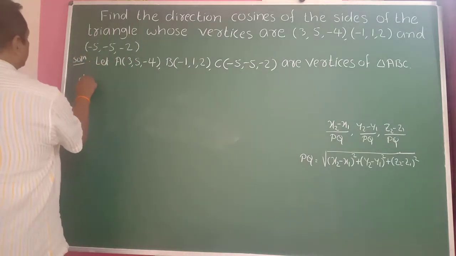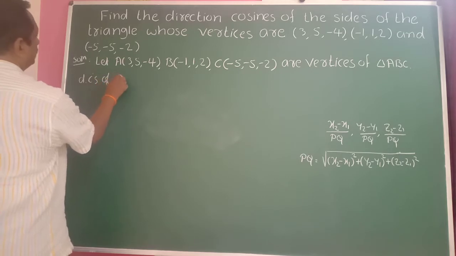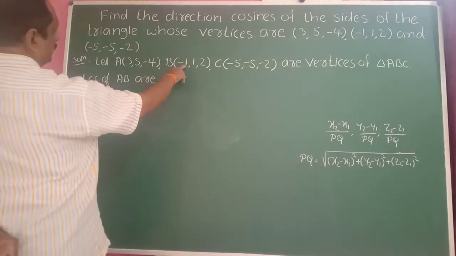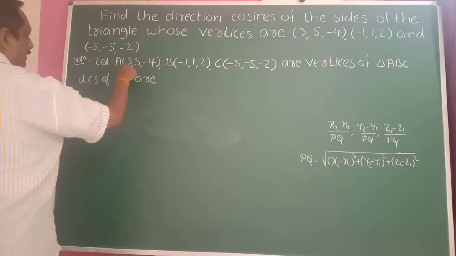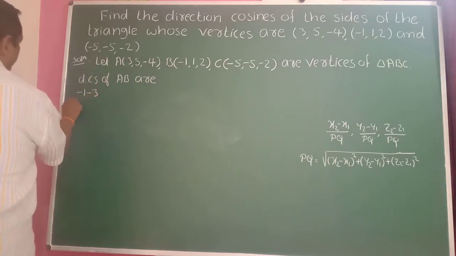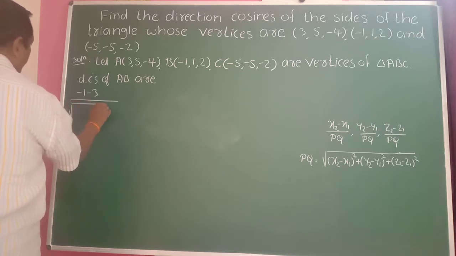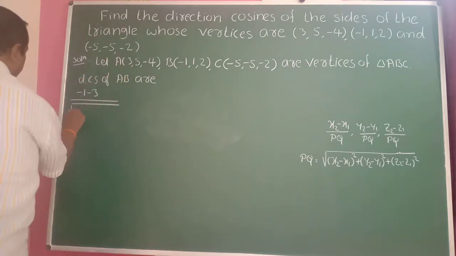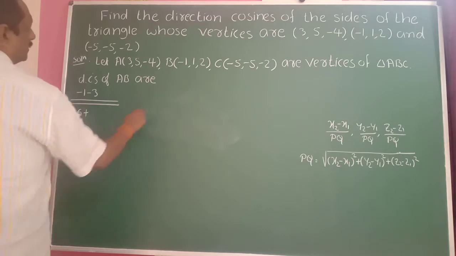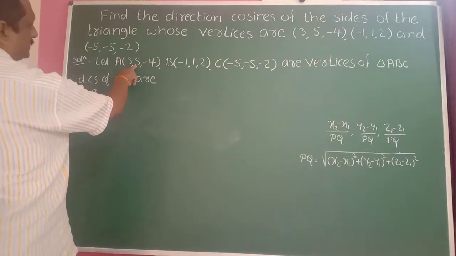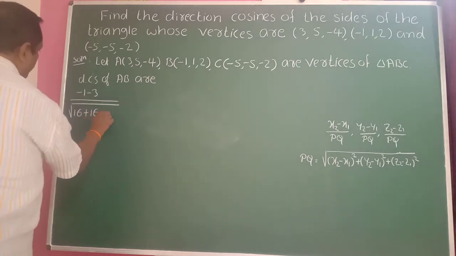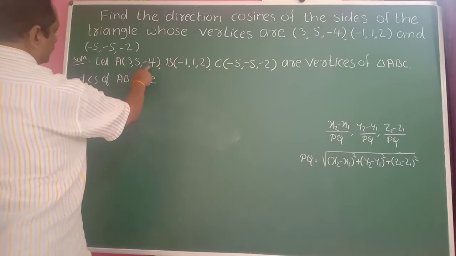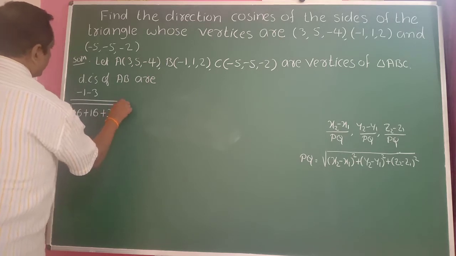So the direction cosines of side AB are (-1 minus 3) divided by the root of, -1 minus 3 gives -4, whose square is 16, plus (1 minus 5), which is -4, square 16, plus (2 plus 4), which is 6, square 36.